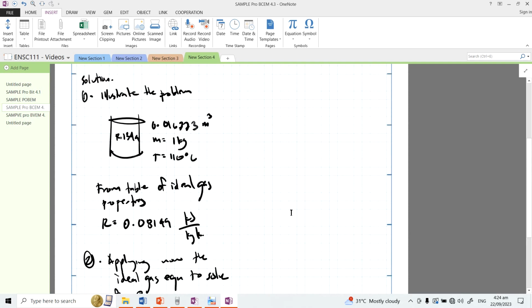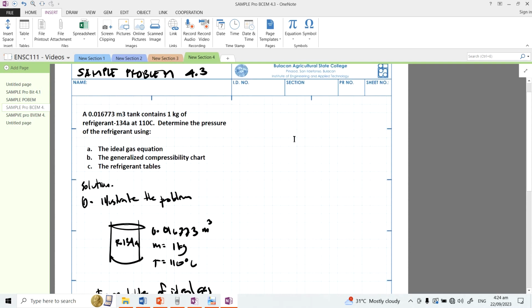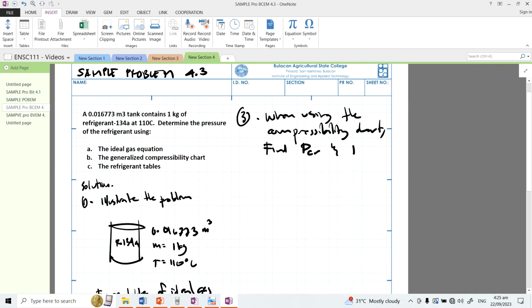Okay, so next one is when using the compressibility chart. Find the critical pressure and critical temperature first.